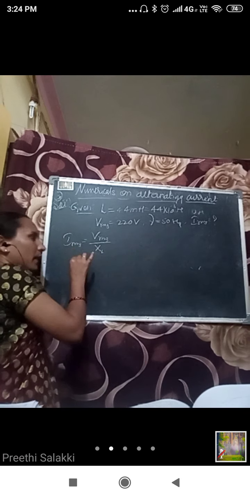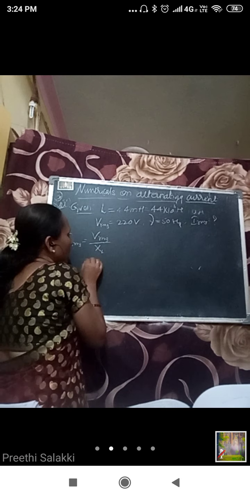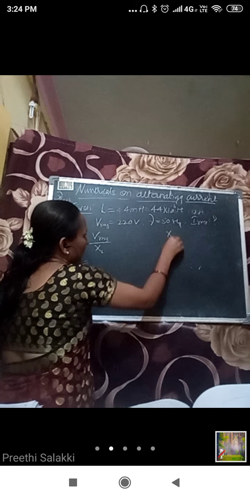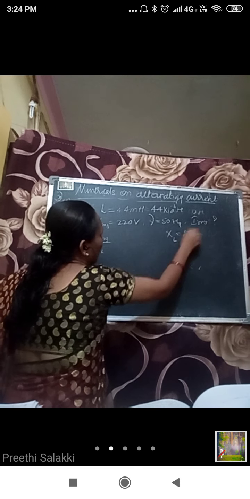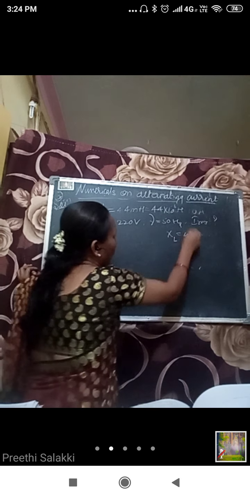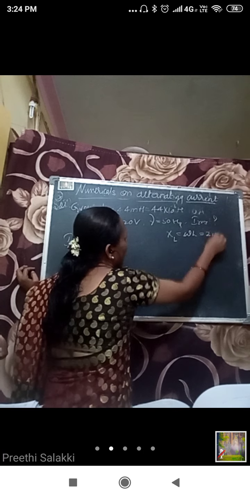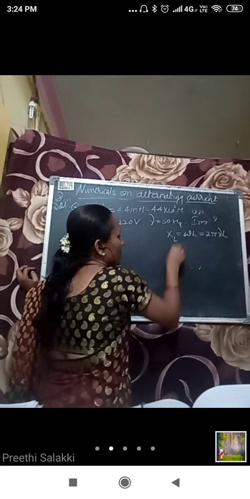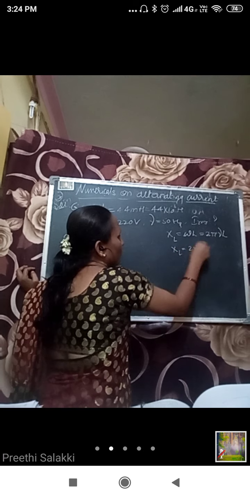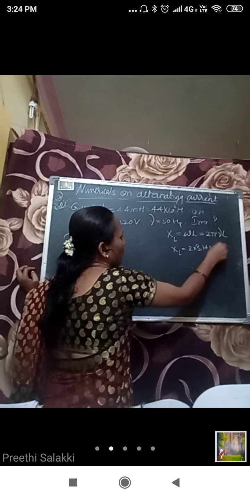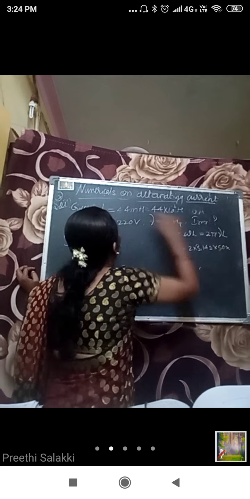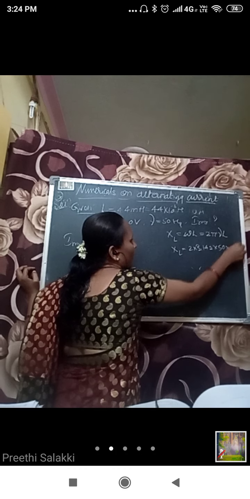I am writing the formula. For XL I am separately calculating, that is omega L, which can also be written as 2 pi nu L. So XL value becomes 2 into 3.14 into 50 into 44 into 10 to the power minus 3.